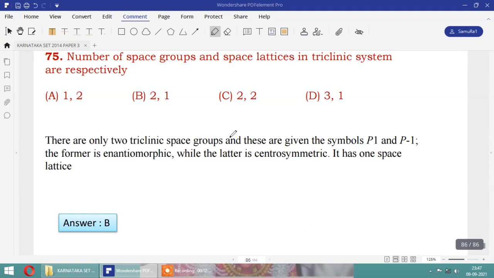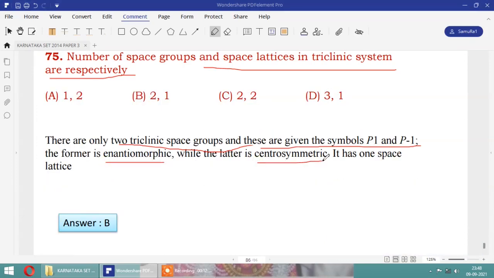The number of space groups and space lattices in the triclinic system in solid state: for a triclinic system there are only two triclinic space groups, and these are given the symbols P1 and P-1. The former is enantiomorphic while the latter is centrosymmetric.